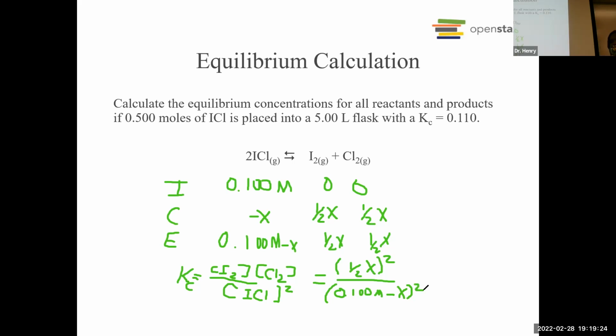Okay, so what is the assumption I'm going to make? The 5% rule. If I make the 5% rule, then this is going to be equal to x squared over 0.100 molar squared.